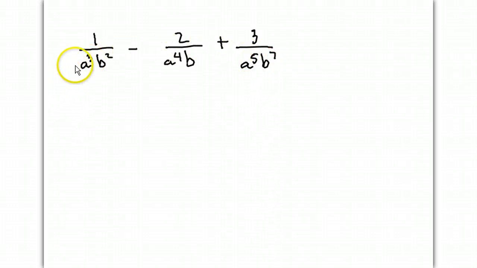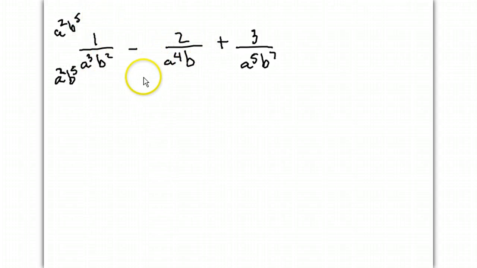So what times a cubed will give you a^5? That's a squared. And what times b squared will give you b^7? That's b to the 5th. So the first one you multiply by a squared b^5, just to get it there. The second one you multiply by a b^6, because a times a^4 is a^5, and b^6 times b is b^7.